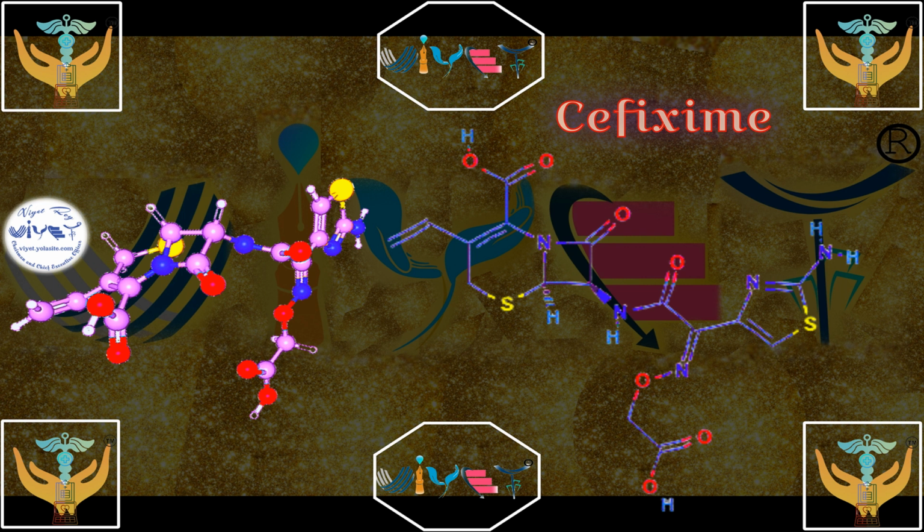The chemical formula is C16H15N5O7S2. This is the number of atoms present in this composition: a total of 16 carbon and 15 hydrogen. It comes under cephalosporin because there are 2 sulfur atoms also present.